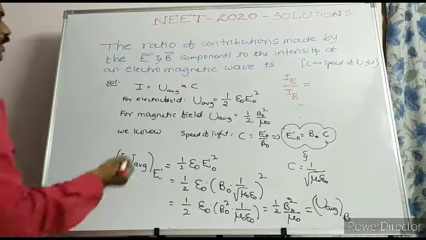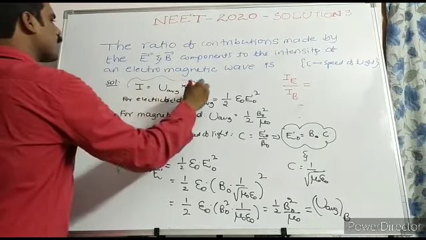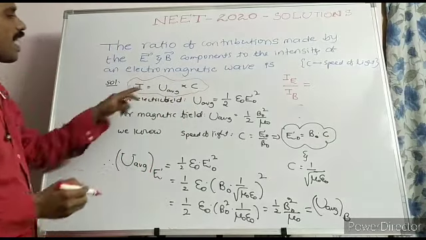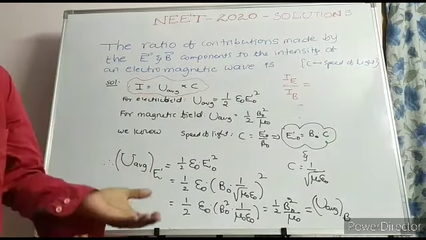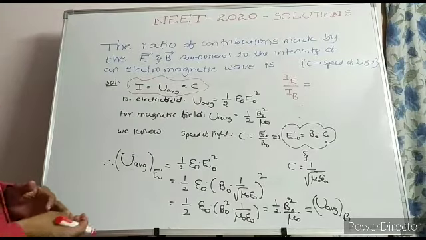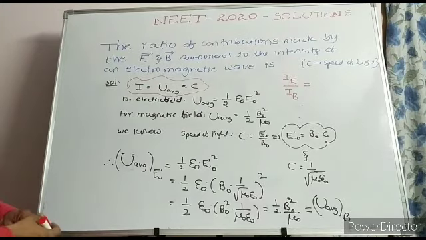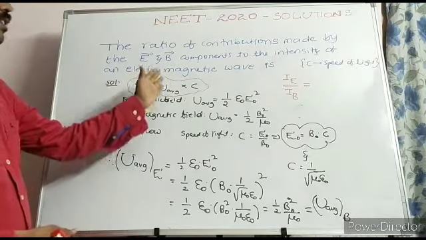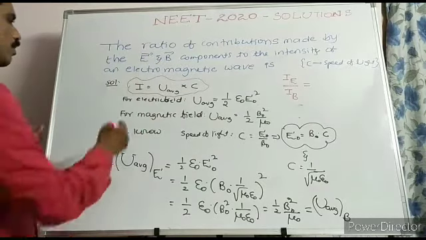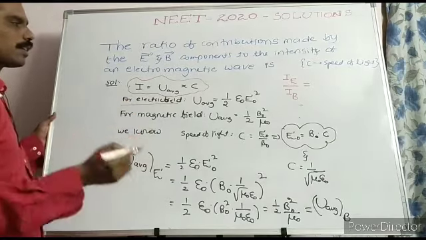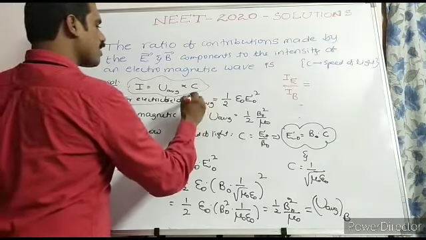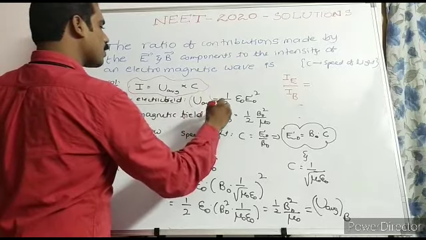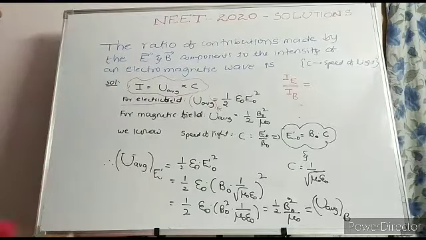In general, intensity of an electromagnetic wave is equal to the average energy of either the magnetic field or electric field, into speed of light. So intensity I is equal to energy into speed of light. For the electric field, U average of E is equal to half into epsilon naught into E naught square.